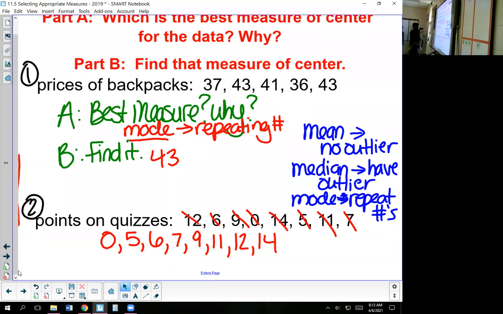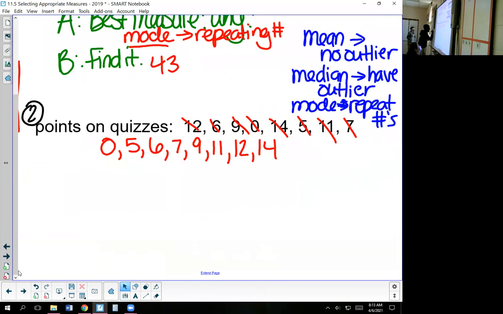Okay, ask yourself first, do I have an outlier? That means a number that's really, really far away from everything else. If you say no, then ask yourself, do I have repeating numbers? If you say no and no, then you have to ask yourself, should I find mean, median, or mode? I want you to see if you can pick the right one now.